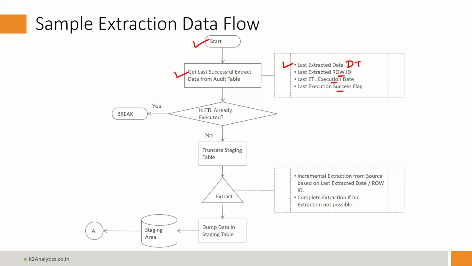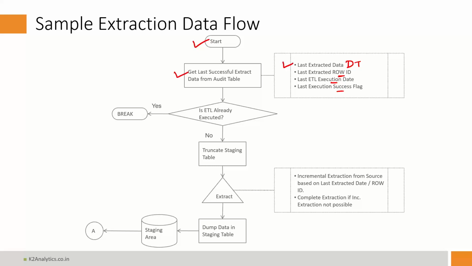If the last execution was not a success, then you might have extracted data, but that data might not have gone into the warehouse, right? So those date times are of no use. For the last successful execution, you have to ensure you store that data in some audit table.